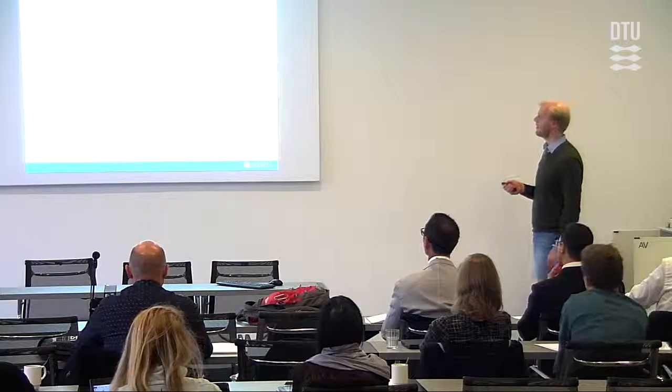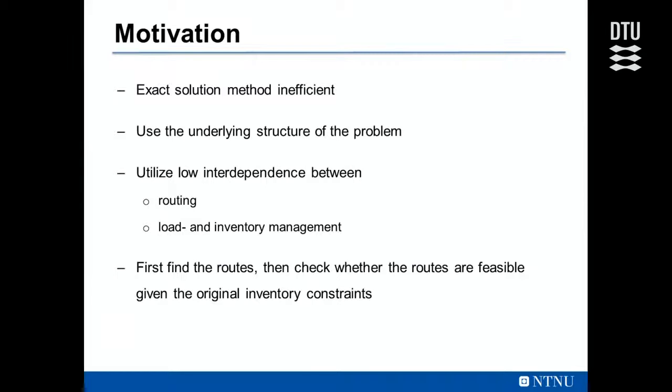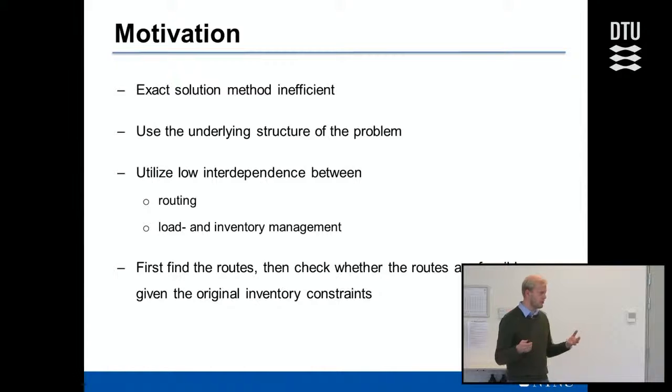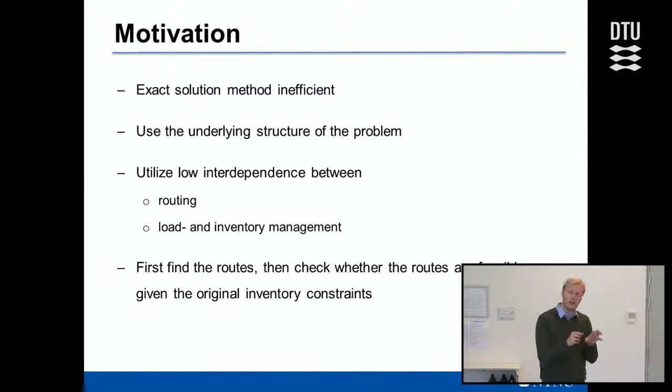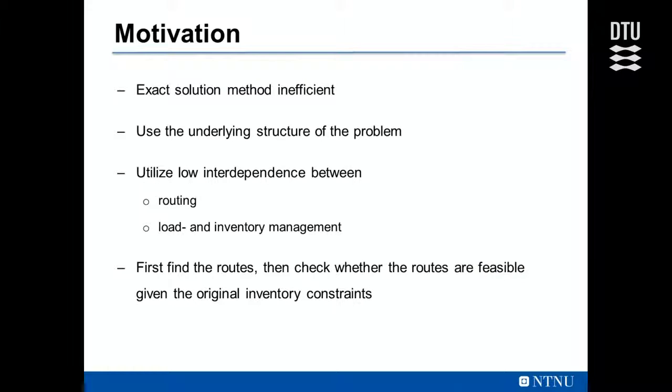So, as I said, the exact solution method is inefficient, but we see that we have different components in the formulation that are not so very linked. So it's low interdependence between the routing and the load and the inventory part.